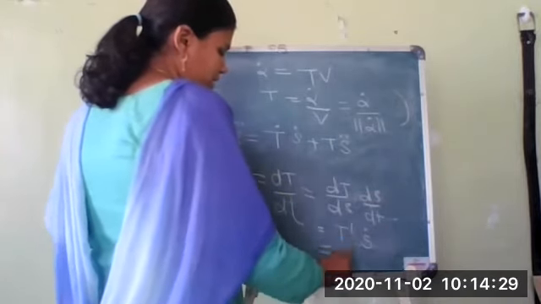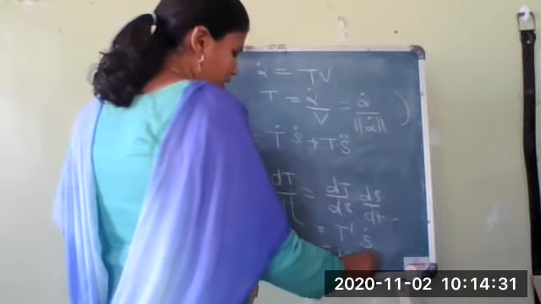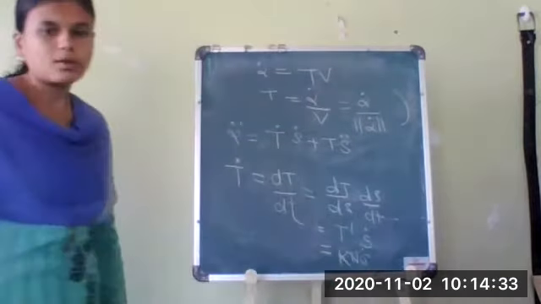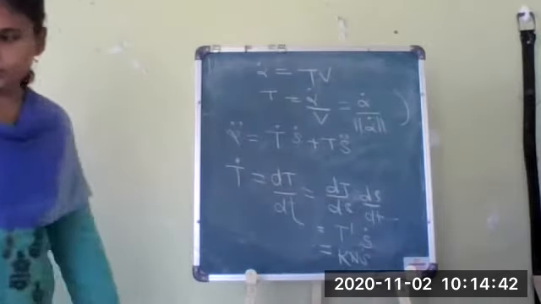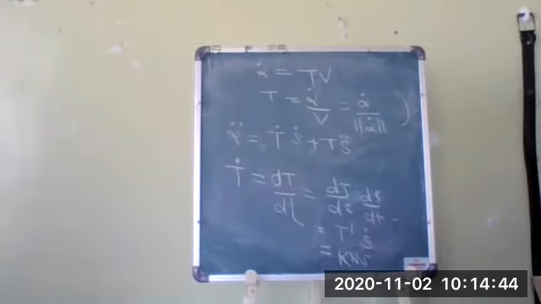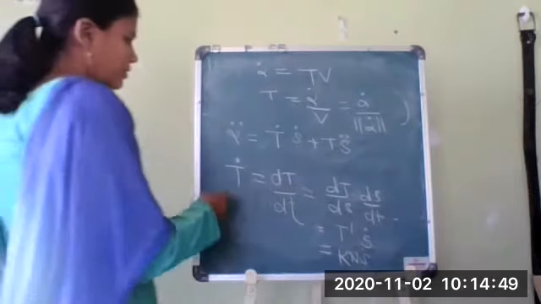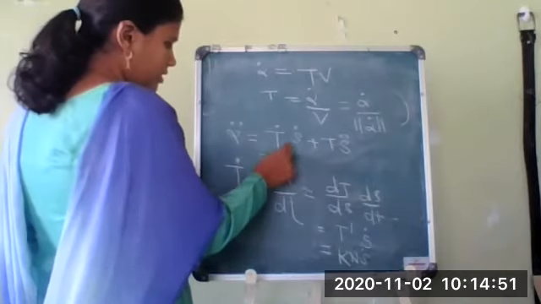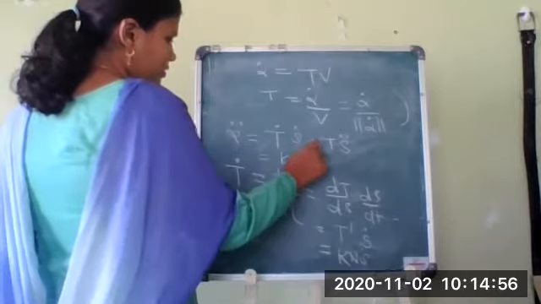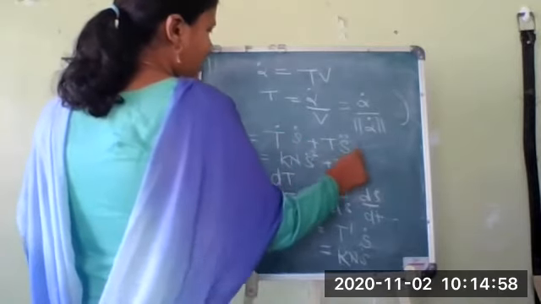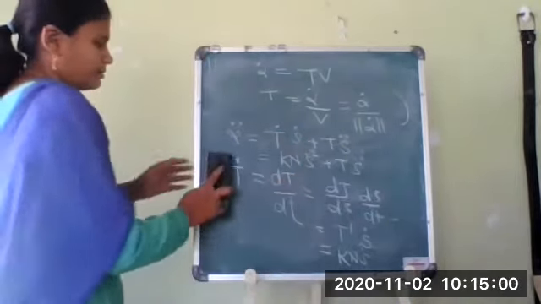So what is the formula for T dash? It is k into N. So T dot is equal to T dash into s dot, that is k N s dot, and here is also s dot, so this will be k N s dot square, plus T into s double dot.